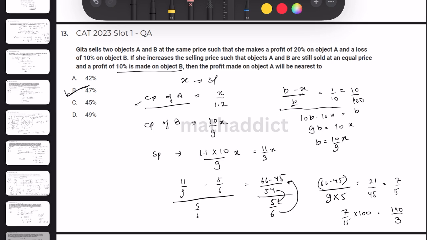This meant that X minus cost price by cost price is equal to 1 by 5. That gave us 5x minus 5 cost price equals cost price, which gave us 5x equals, to cost price is x upon 1.2 for A. So that's the calculation for this step.